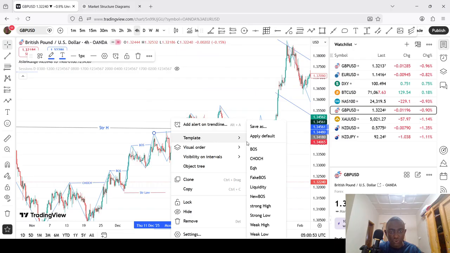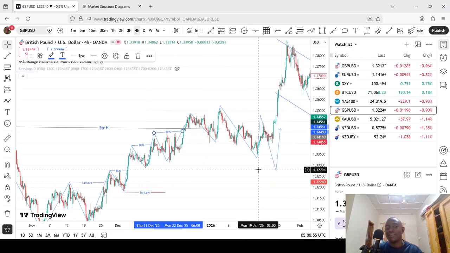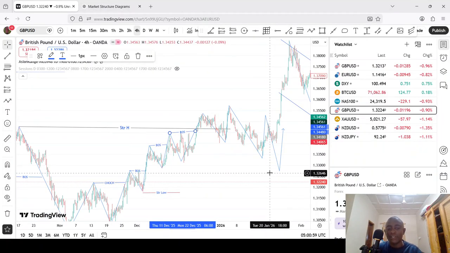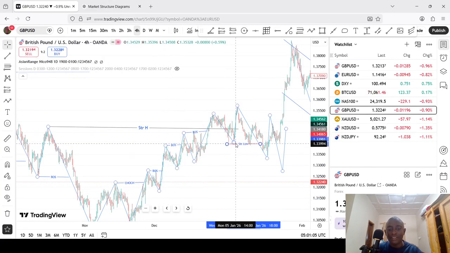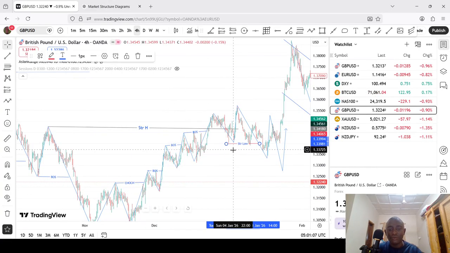So here too, BOS. This is the reason why you have to use TradingView. TradingView is very important. It just gives you the flexibility of doing all these things. And once there is always a BOS, here becomes the new low, because this one too broke this level.